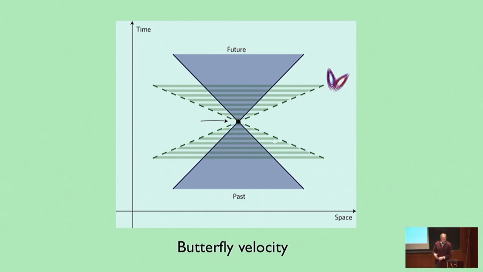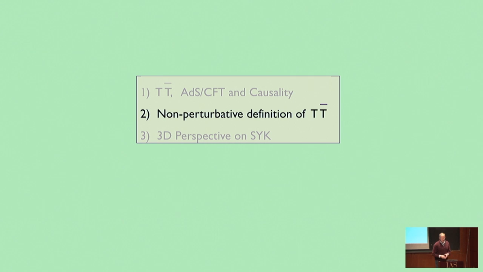Now, there are still many questions. This should be a motivation, at least, for studying whether the TTbar CFT, the TTbar-deformed CFT, actually makes sense. Andy, yes? Is that some kind of non-local operator spread around the outside of that light cone?